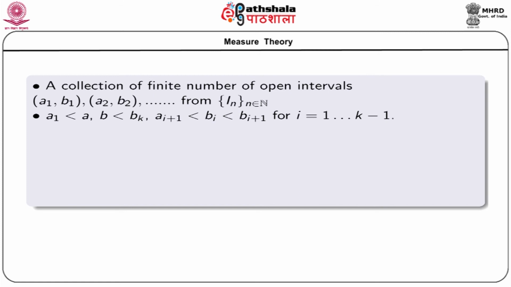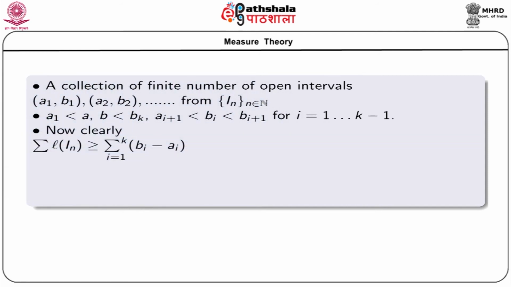So, I have a collection of a finite number of open intervals a1 b1, a2 b2, up to ak bk from the original collection I n, where a1 is less than a, b is less than bk, and for each i we have this inequality: a i plus 1 less than b i less than b i plus 1.